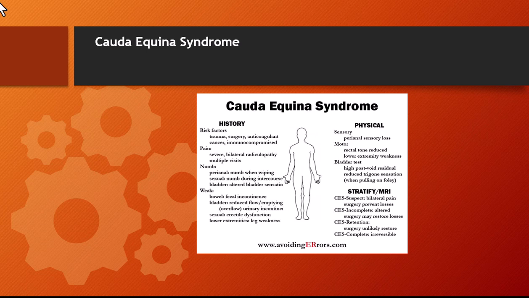Lower back and the insides of the legs, kind of like if you had been sitting in a saddle for a very, very long time. With these patients, they may also have chronic loss of bowel or bladder function. When you're assessing, now you won't do this, okay, but one of the assessments that will happen in the ER is that they will go in and assess the patient's rectal tone.